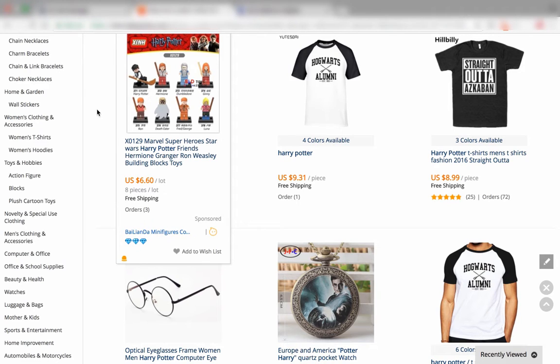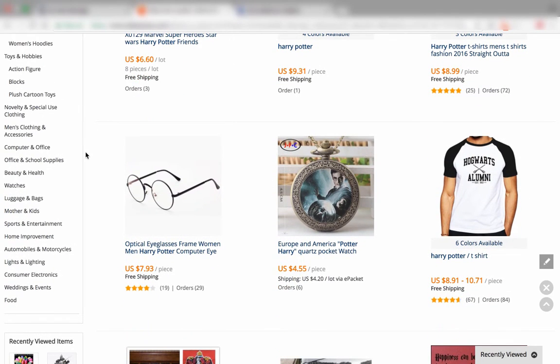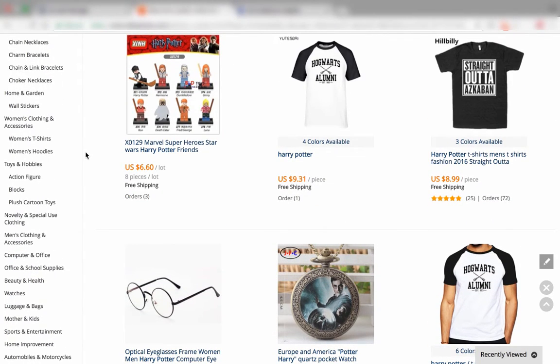So I've gone to AliExpress, and there's a bunch of Harry Potter products in front of me, and all of these may seem appealing to a set demographic. I watched a few Harry Potter movies. I like Harry Potter. If Harry Potter releases another movie, I might go see it in the cinemas. A couple of my family members like Harry Potter, but we didn't go out and buy the box set.